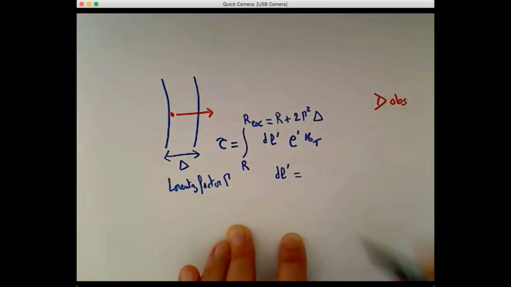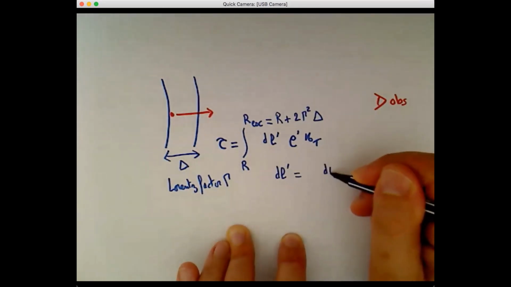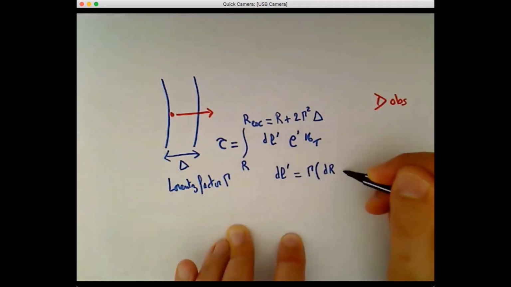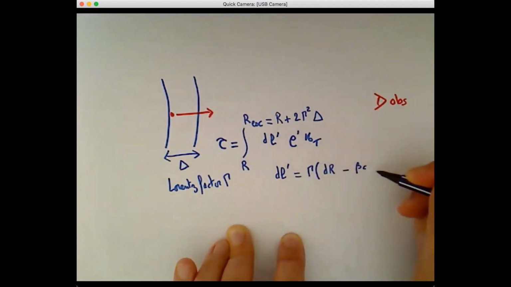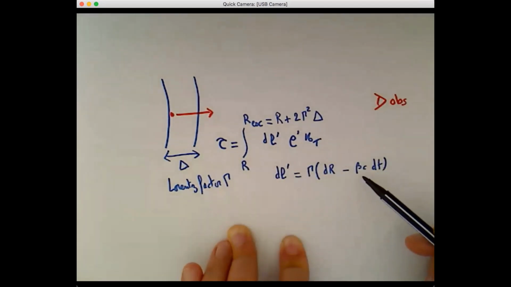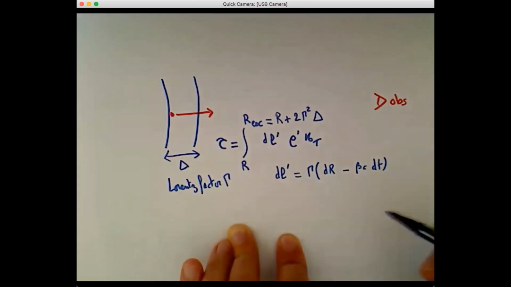dl prime can be related to dr in the fixed frame by a Lorentz transformation. Here I am in the comoving frame of the relativistic layer, so I have to take into account for the Lorentz transformation, the Lorentz factor and the beta of this layer. And I'm considering a length crossed by photons.